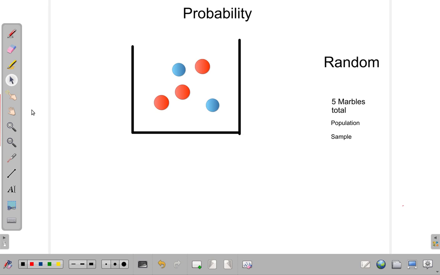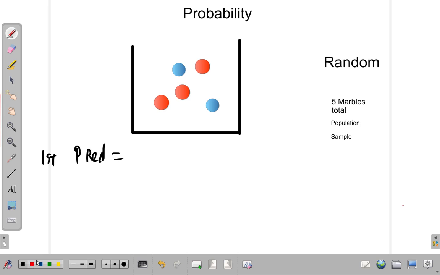Now, you're going to randomly sample one of these. What is your probability of picking a red marble? This is the first pick, right? The first pick. What's the probability that the marble is red?